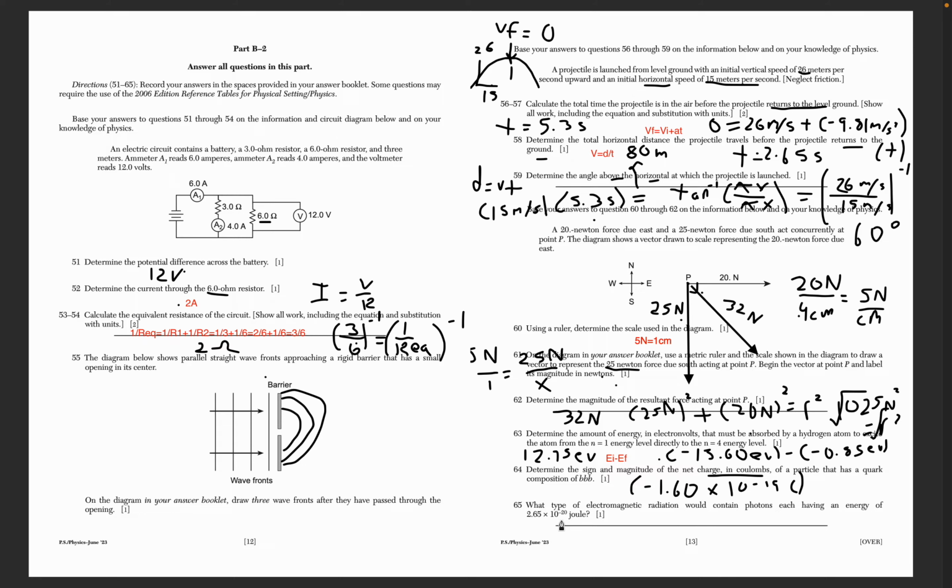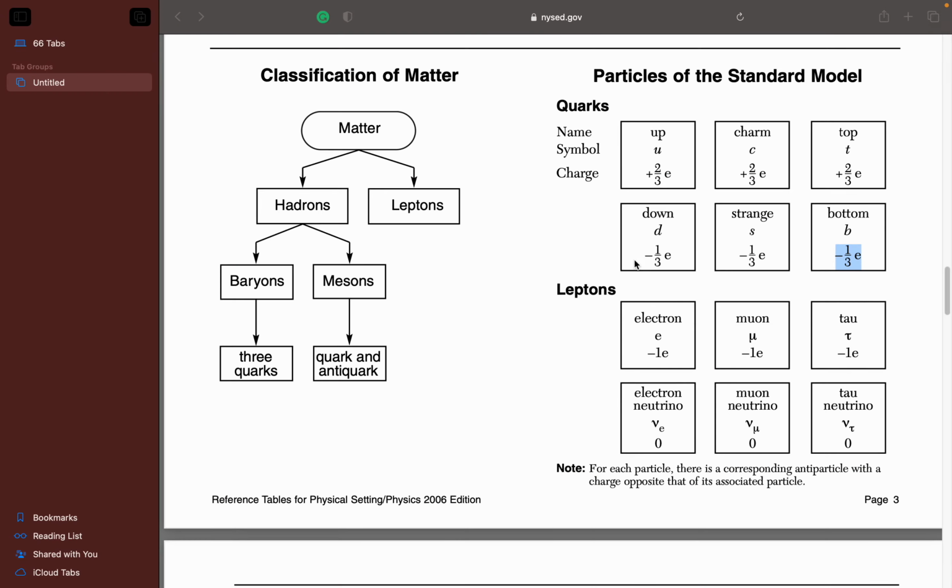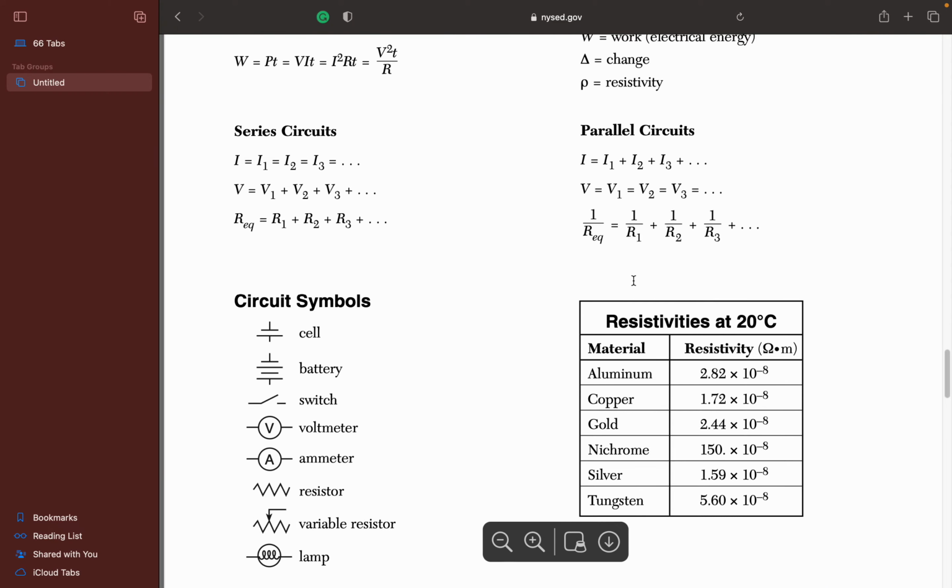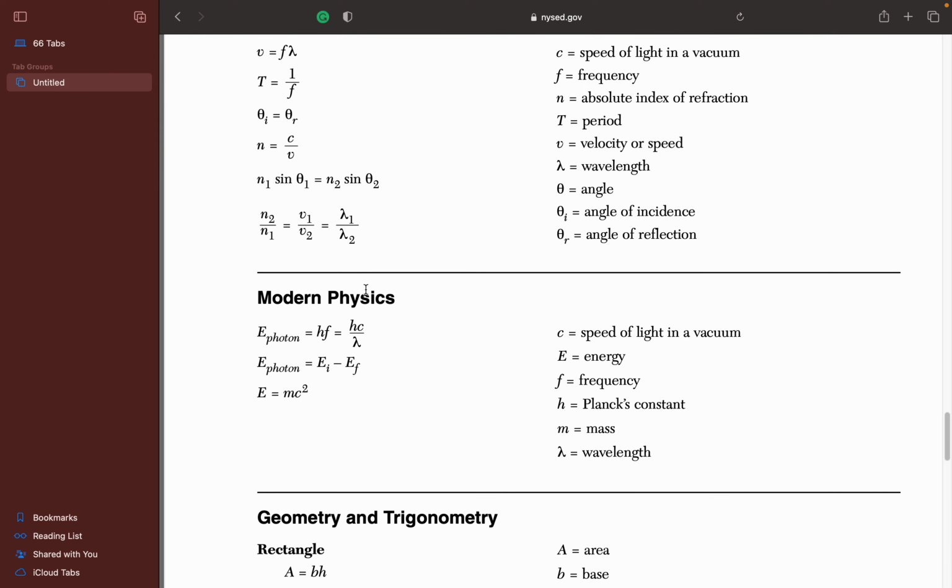And the last one of this set: what type of electromagnetic radiation would contain photons each having an energy of that many joules? You have to use this: energy of a photon equals Planck's constant times the frequency.